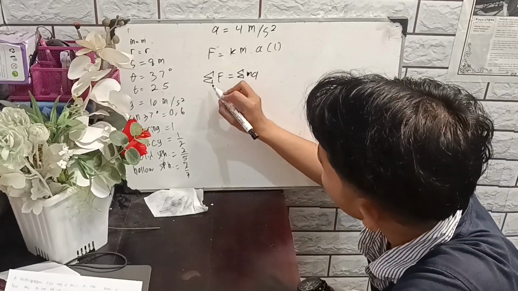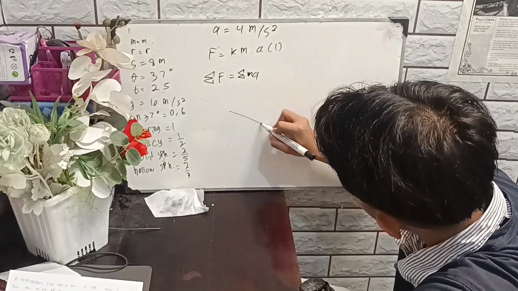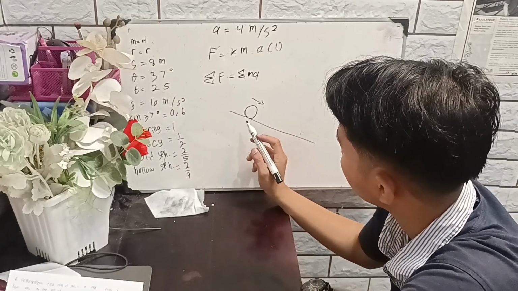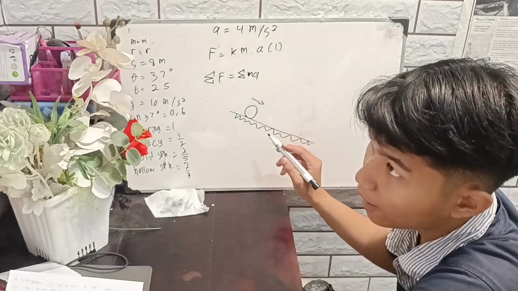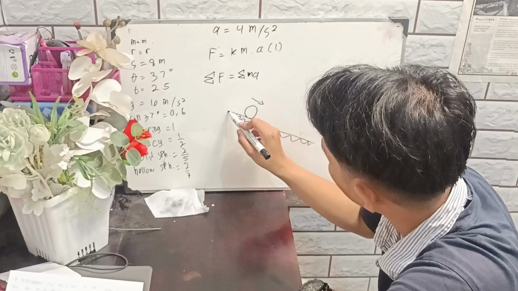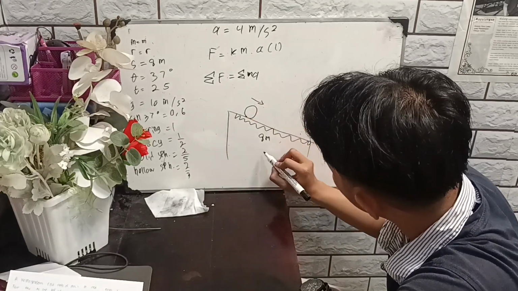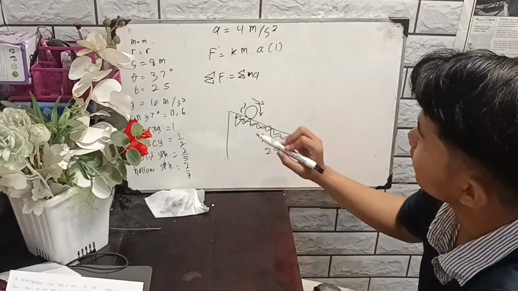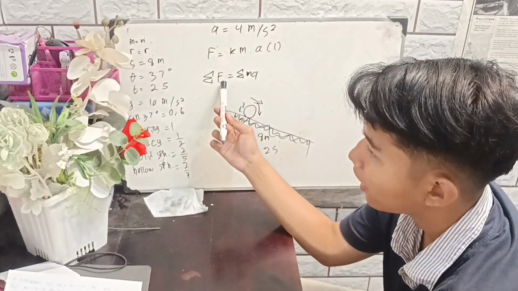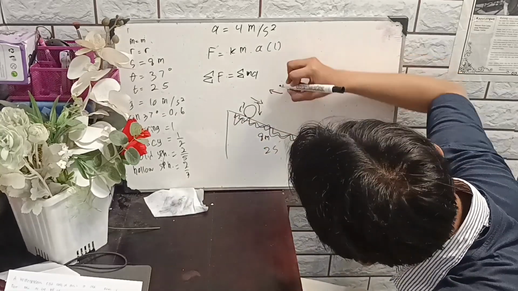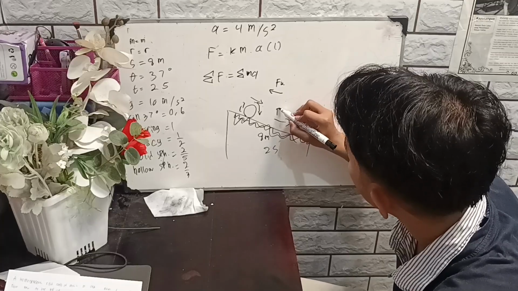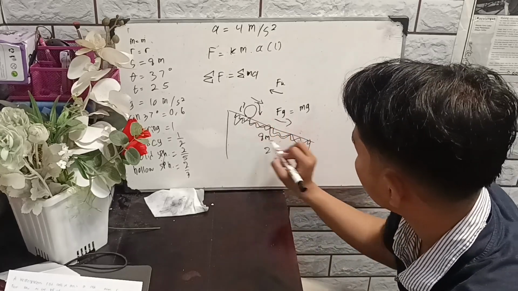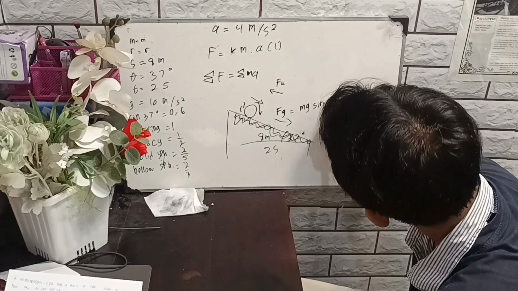We know that the object is rolling without slip, so it moves along the incline, and we have the friction force, let's say F, and the gravitational force, m g, but because it is inclined by 37 degrees, it is m g sin 37.